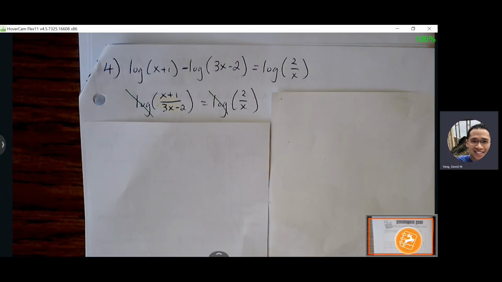Now that I have a one-to-one log relationship, I can remove the logs and then just deal with the argument. At any step along the way, if you want me to clarify anything, feel free to let me know.